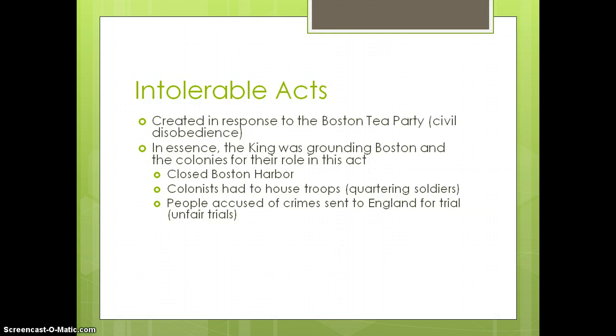And the people that were accused of crimes, the people who got in trouble with the law, were sent to England for trial. Many times they never returned to the New World because of the unfair trials in England. They were usually put in prison for life, and sometimes they were executed for things that were not worth execution, if that makes sense.